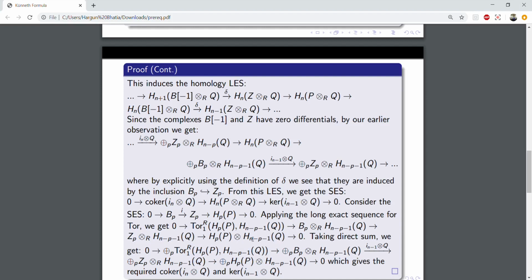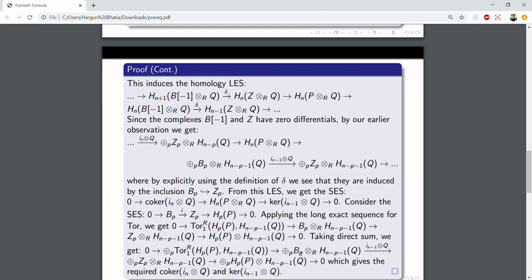Here, I'll get a Tor term, so I write that down. And here also I get a Tor term, but the Tor term will be Tor_1^R(Z_p, H_{n-p-1}(Q)). But Z_p, remember, we showed earlier, is flat, so the Tor term will vanish. So I'll get 0 here. Therefore this is the long exact sequence that I'll get. The point is it is exact, and since taking direct sums of exact sequences still gives an exact sequence, when I take a direct sum over p, I'll still get an exact sequence.